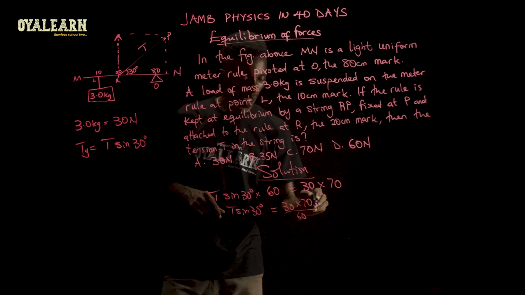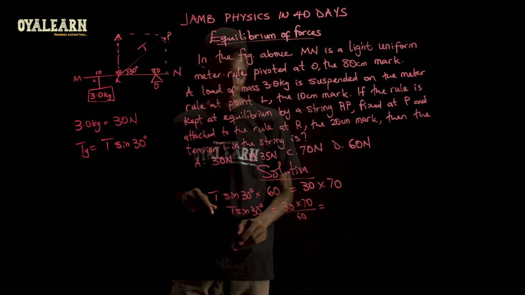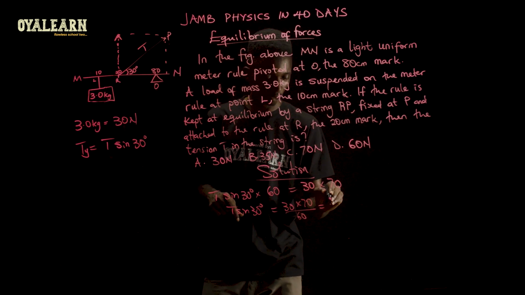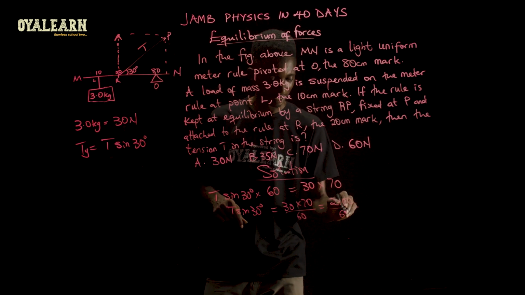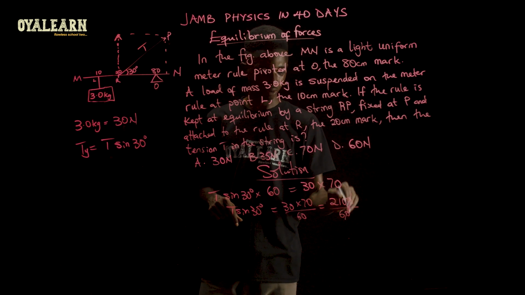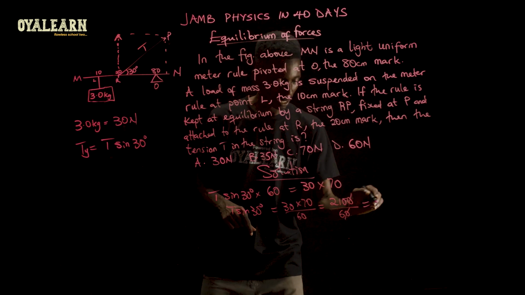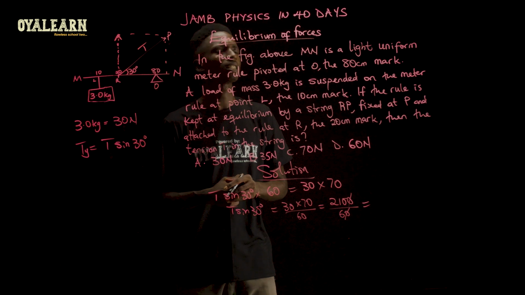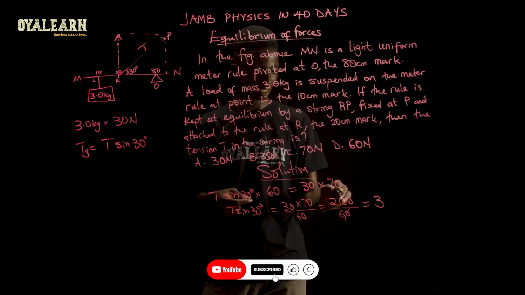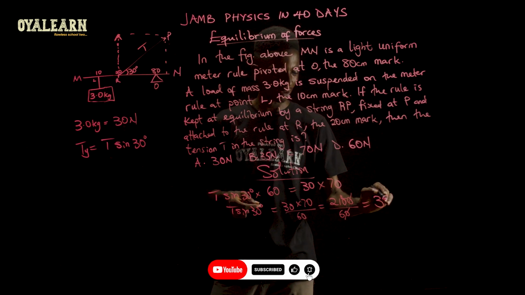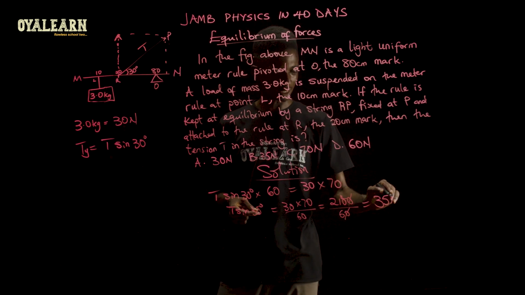Now what do we have here? 30 times 70 will give us 2,100. Now let's divide that by 60. So 0 cancels 0 easily. Now what do we have left? 6 in 21. 6 will go in 18 3 times, so remainder 3. Now 6 in 30, that is 5. So we have 35 newtons here.